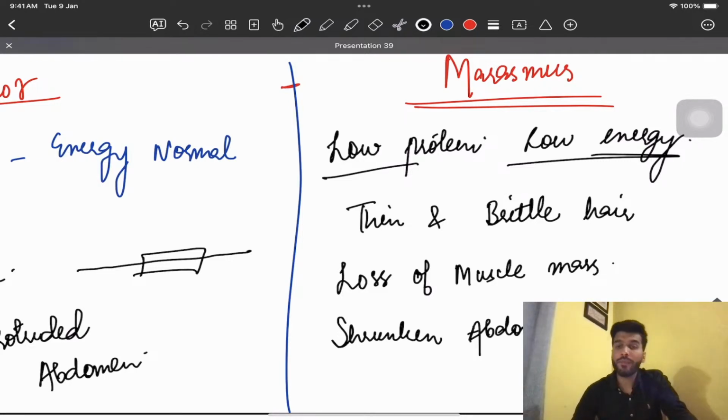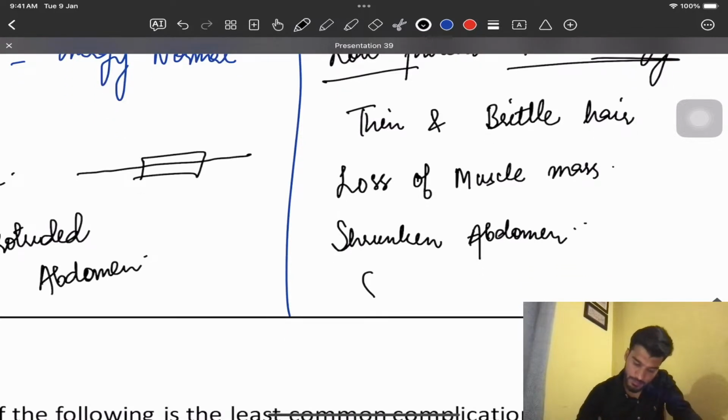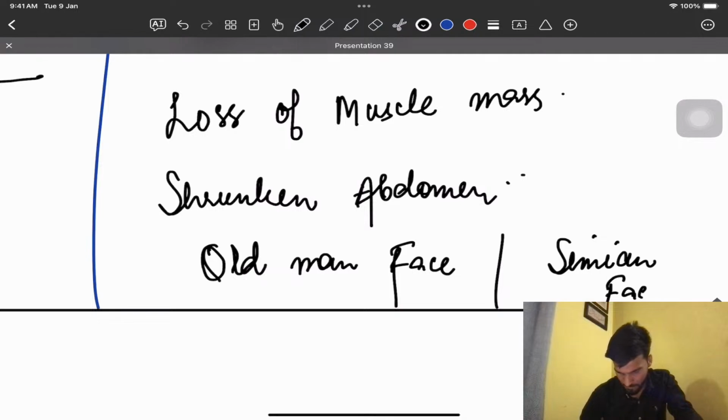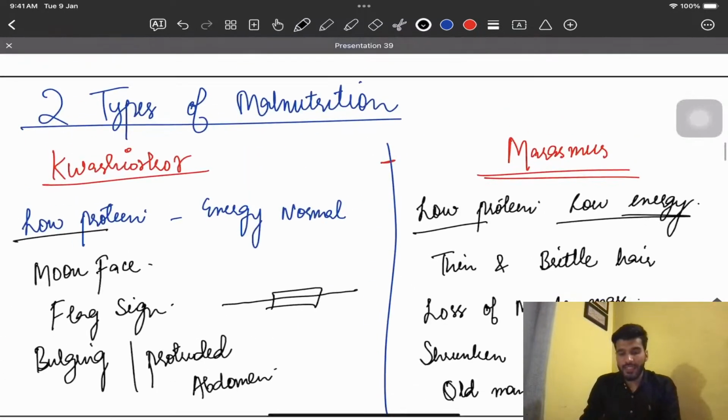And remember guys, there will be old man face or simian face in marasmus.